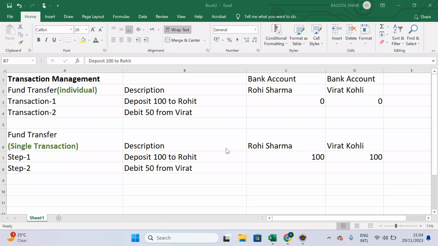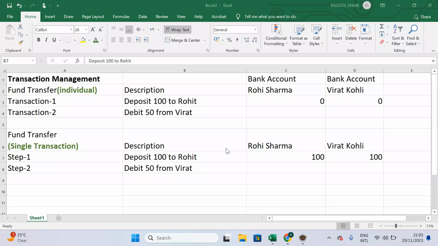Okay, so let me talk about what a transaction is. In the real world, most people order online food on Swiggy or Zomato, order on Flipkart or Amazon, and transfer amounts from one bank account to another.